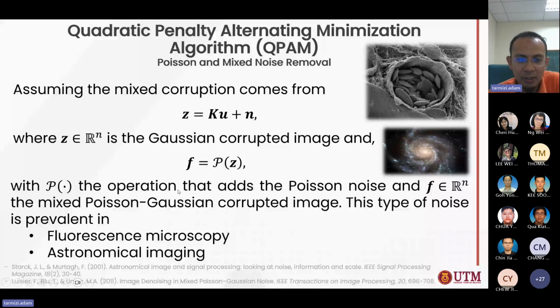P over here is the operation that adds the Poisson noise. So F is going to be corrupted by both Poisson and Gaussian noise. This type of corruption is abundant in fluorescein microscopy and astronomical imaging, because Poisson noise is related to the photon counts of the cameras that are used.